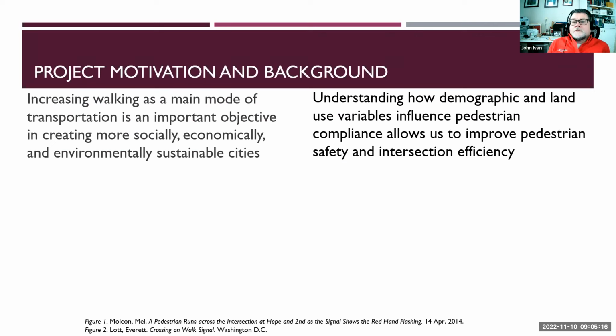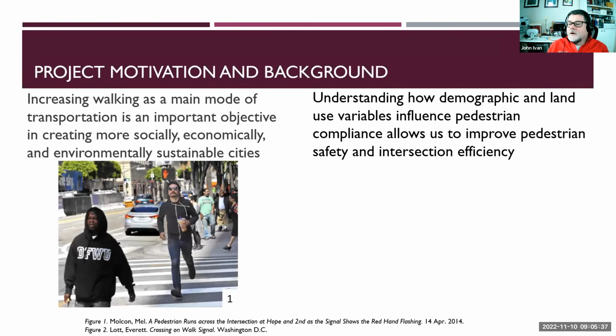And so it's going to be helpful to understand how demographic and land use variables influence pedestrian compliance. Understanding more about pedestrian compliance is going to be useful so that we can try to make sure that the pedestrians are crossing safely and without disrupting the traffic flow.